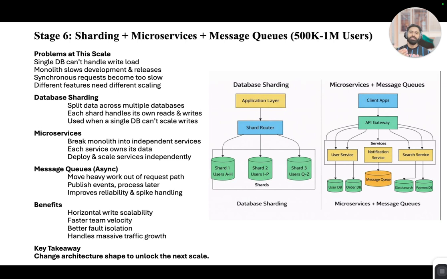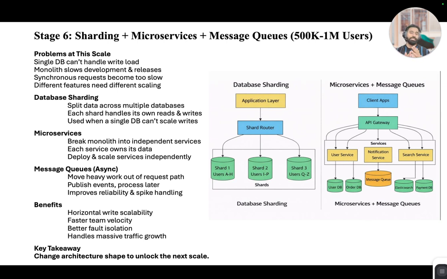All these things happen with the message queue. It can be any tool like Kafka, RabbitMQ, or SQS, but the functionality is this. That's why we see a little bit of delay. So at this stage, writes scale horizontally, teams ship independently, slow work happens asynchronously, and the system handles massive traffic.